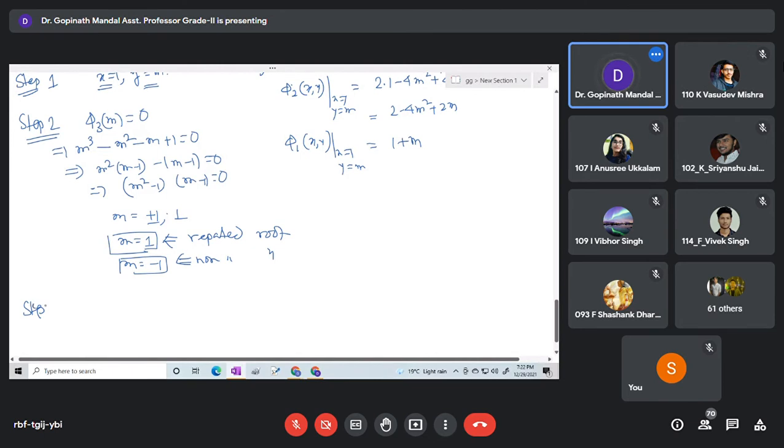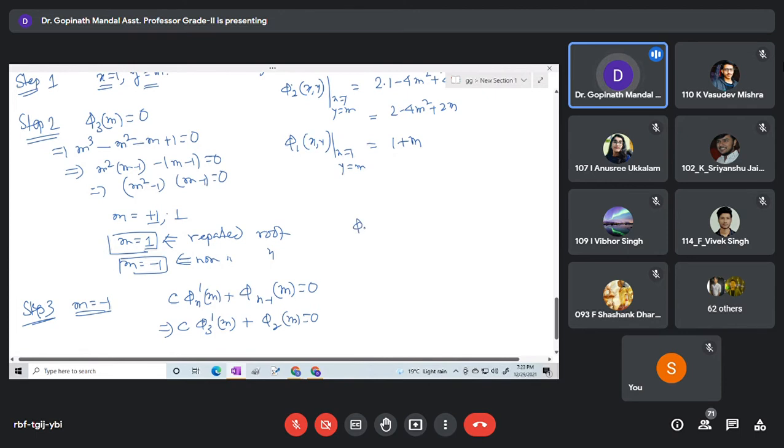Step 3: for m equal to minus 1 we have to find the corresponding value of c. Which equation do we get? c phi n dash m plus phi n minus 1 m equal to 0. Now here, this will be phi 3 dash m plus phi 2 m equal to 0.